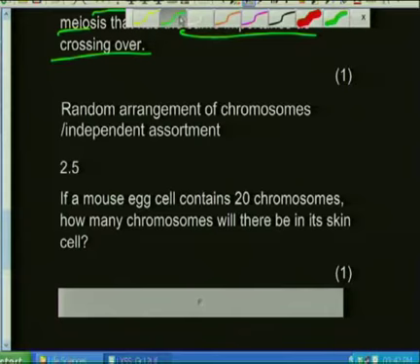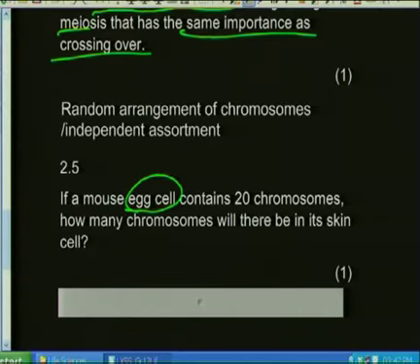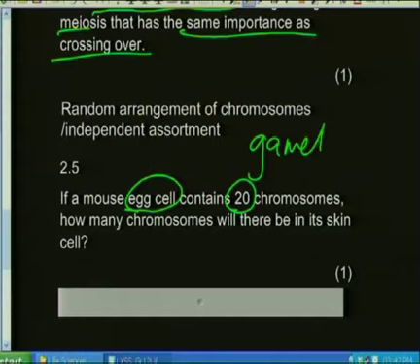Good. Now the question says, if a mouse egg cell contains 20 chromosomes, a mouse egg cell is a gamete, and if it has 20 chromosomes, how many chromosomes will there be in its skin? Now, what knowledge is being tested here?